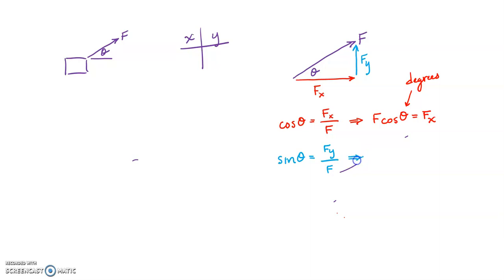So if you just rearrange that, you get F sine theta equals F_y. All right, so that's what you need to work with. Okay, if you're ever given anything at an angle, you break it up into its components because usually we only care about the x-plane or we only care about the y-plane.